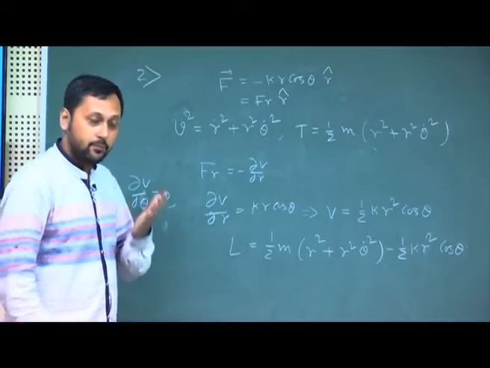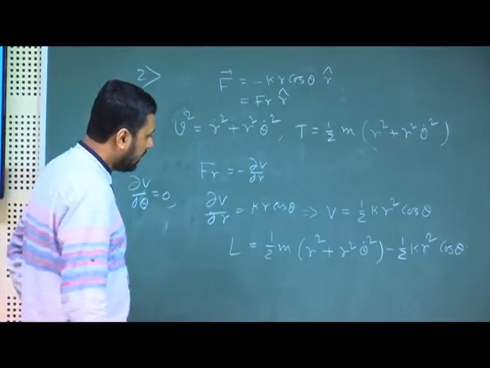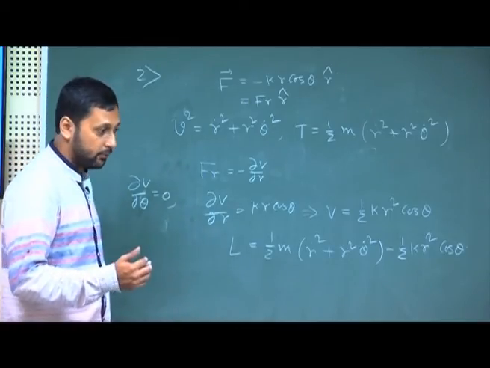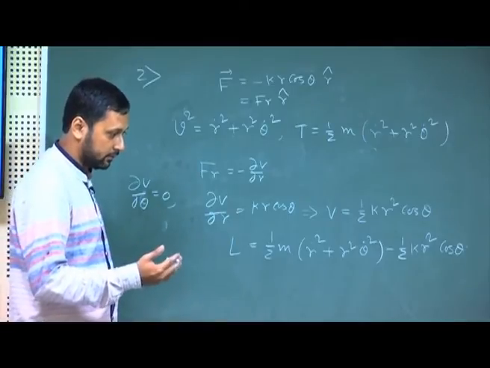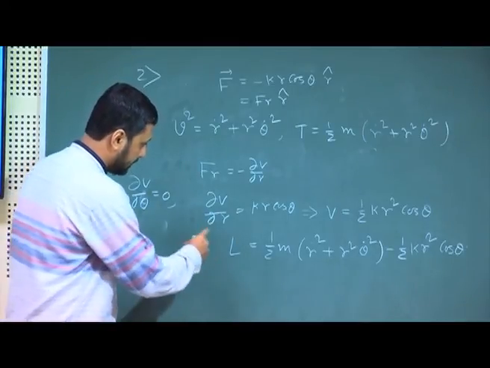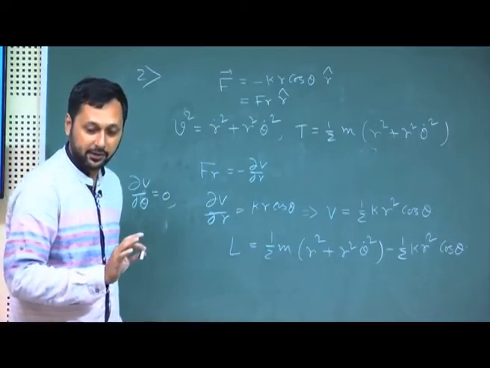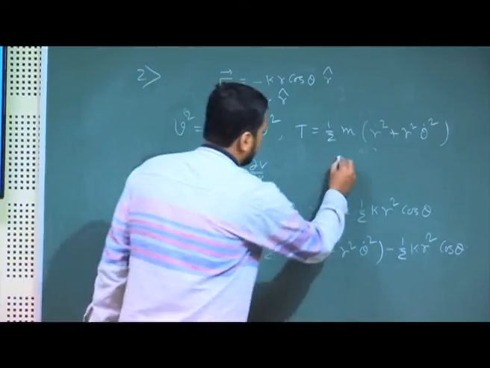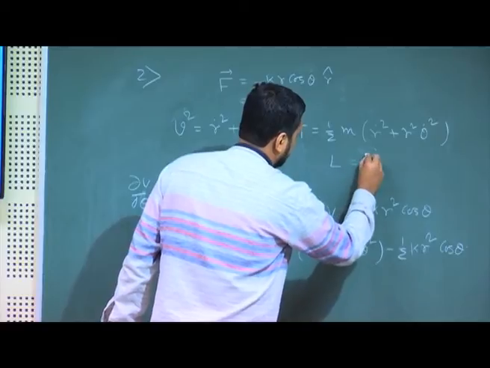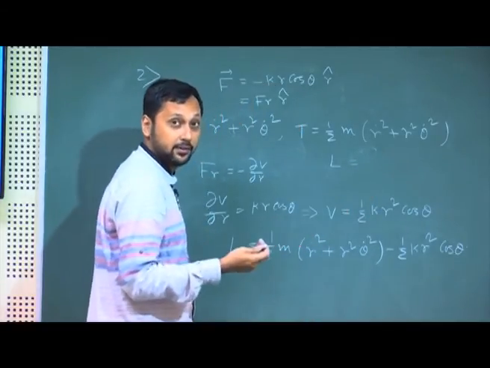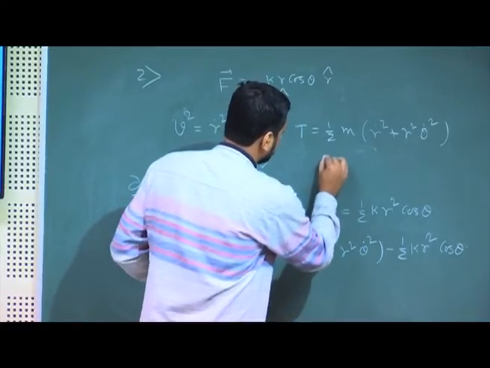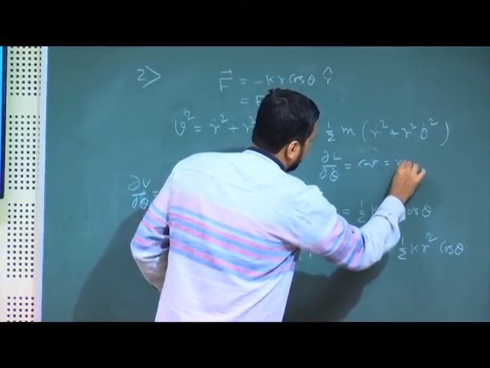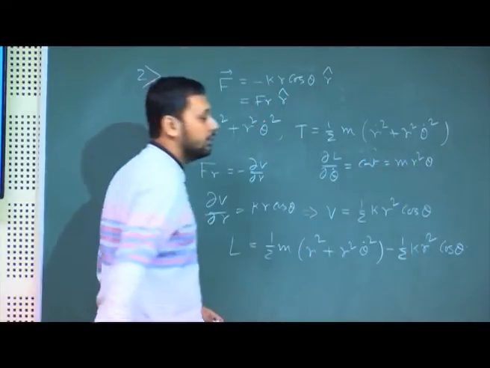The answer is no, because if you recall, the total angular momentum was conserved, looking at the Lagrangian. From a Lagrangian perspective, what we have seen is that because the Lagrangian does not contain theta explicitly, del L del theta dot is equal to a constant, which was exactly m r square theta dot for a central orbit.